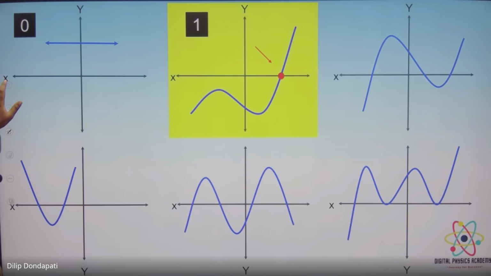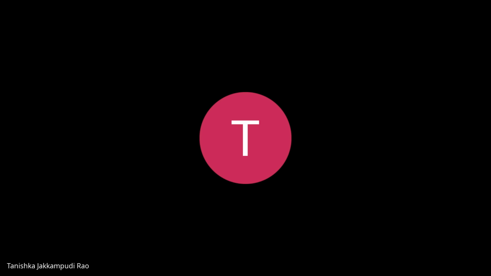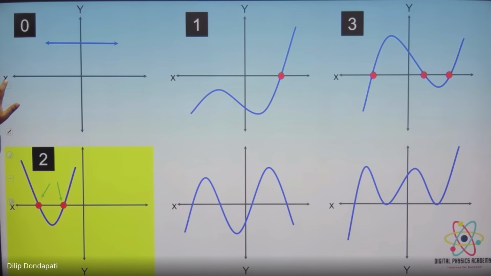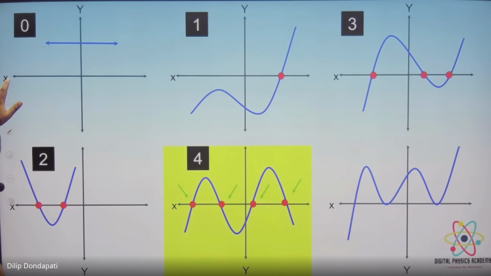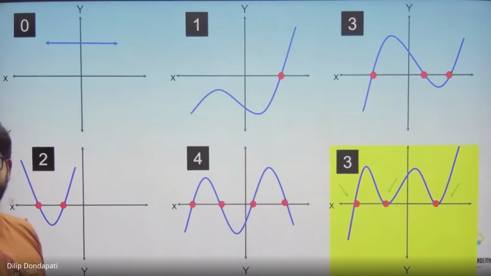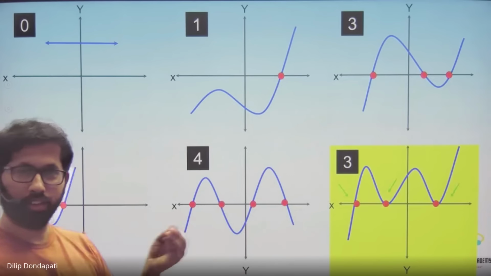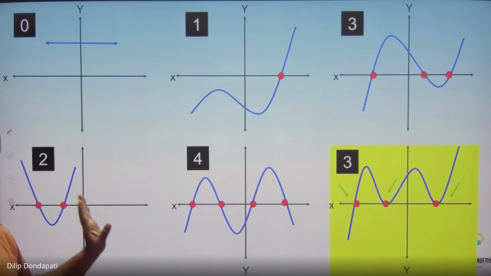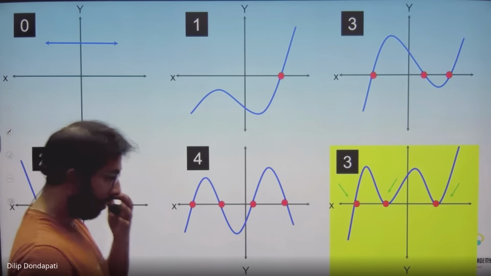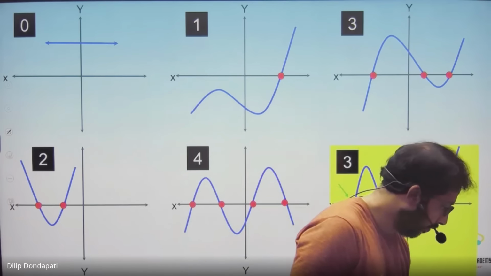Next, 3. Next, 2. Next, 4. Next, 3. Understood? Basic, easy ones. This is like the first exercise of yours only. Same thing, the first exercise in the polynomials textbook. Okay, let's go.